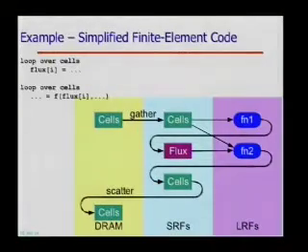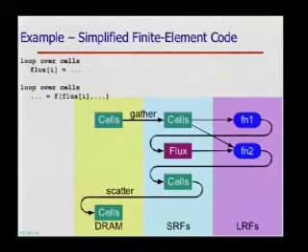Let me give you an example based on one of the codes from our Merrimac project, a finite element code written by Tim Barth at NASA. I've done a very simple cartoonish sketch of that code here. I'll show a graph of the full code later on to give you an idea of why caches are not a good way of managing memory and why doing it explicitly can do much better.